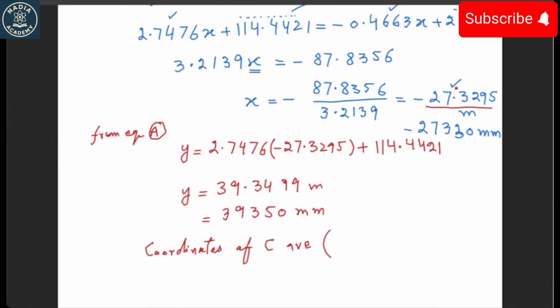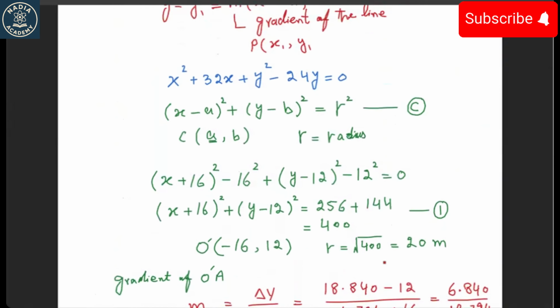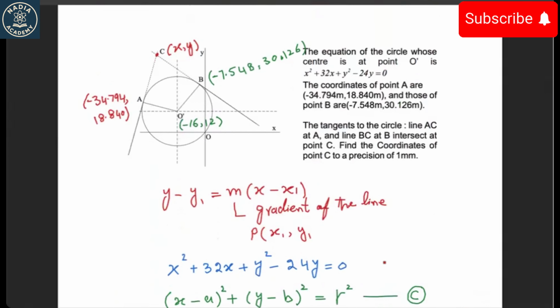We calculated one is negative, and I am giving the answer in millimeters: negative 27330, and the other one is 39350. So these are the coordinates of this point of intersection of these two tangents. So this is actually the method of solving this question.